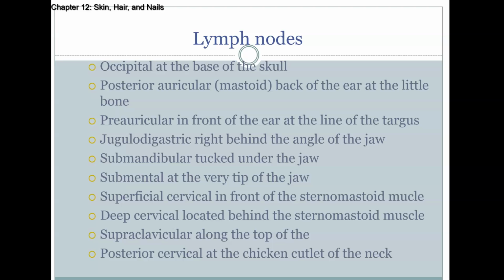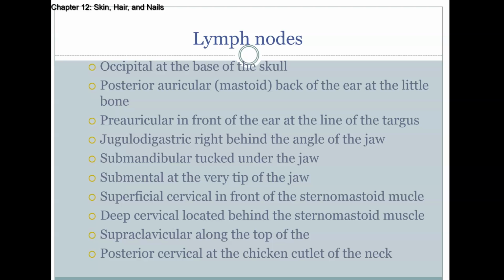And then I'm going to do the posterior auricular, which is the back of the ear at the little bone. I'm going to do the pre-auricular, which is in front of the ear. And you're walking along, you guys, and lightly feeling, because if you feel a nodule, it'll be very apparent. You're going to do the jugulo-digastric, which is right behind the angle of the jaw. The submandibular, which is tucked up under the jaw.